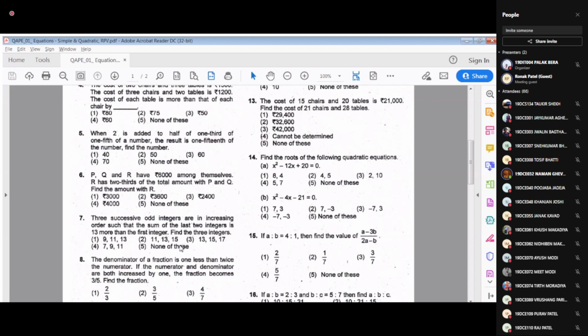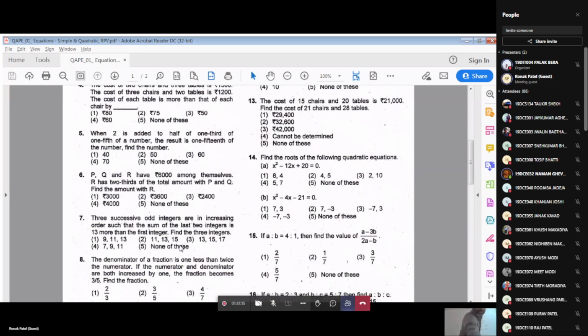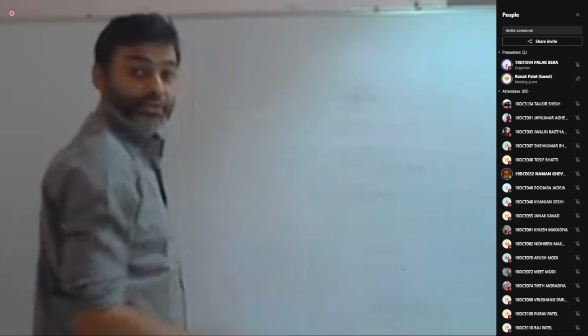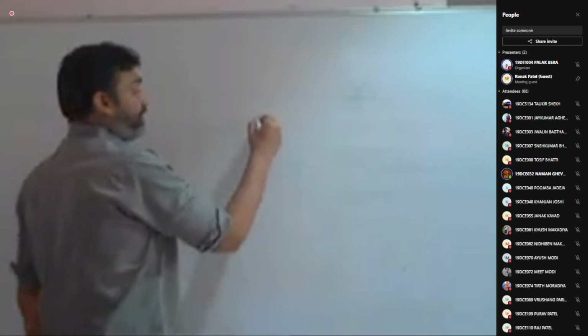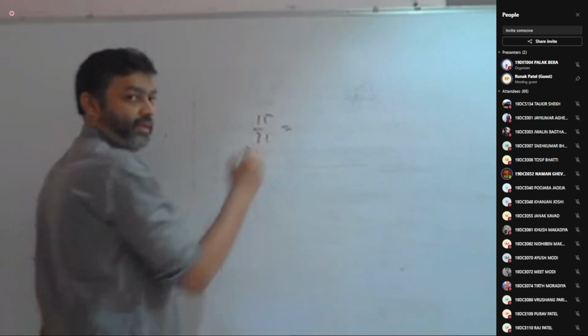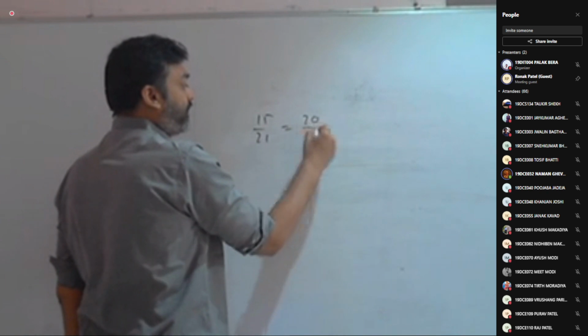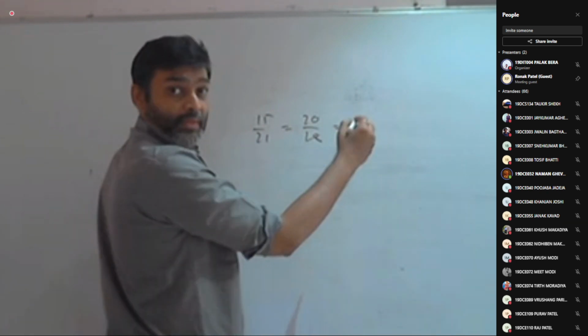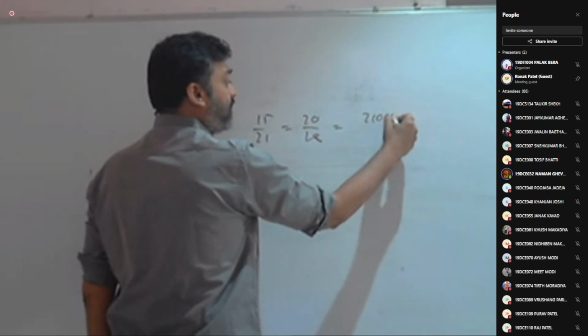So if you just switch to the screen, my board, I like to do this sum in this way in the exam, so I can get my answer very clearly. From one equation, how to get the value? The ratio should be the same, like 15 upon 21 is equal to 20 upon 28, is equal to 21,000 upon x.